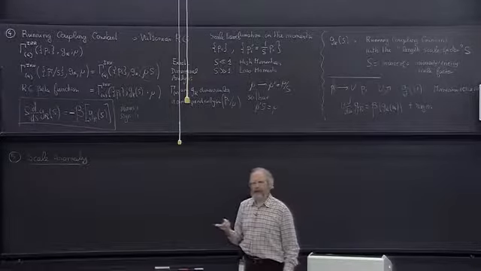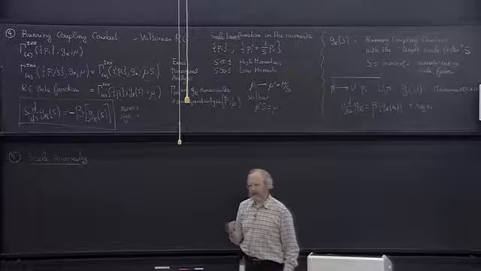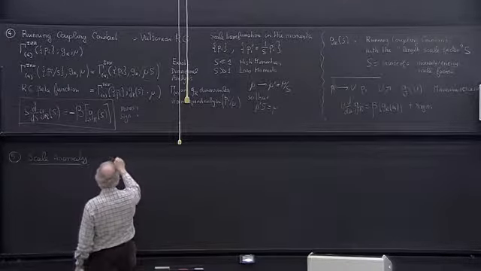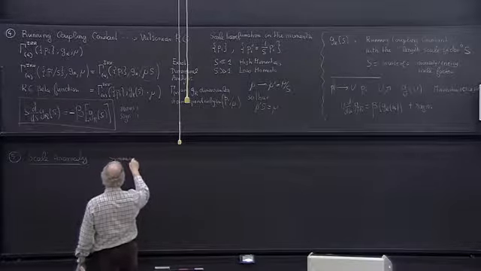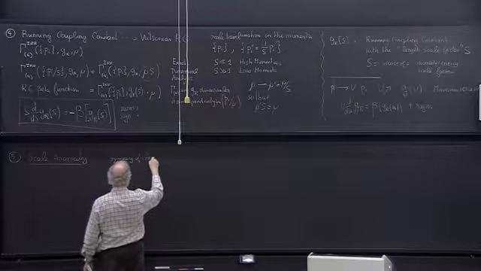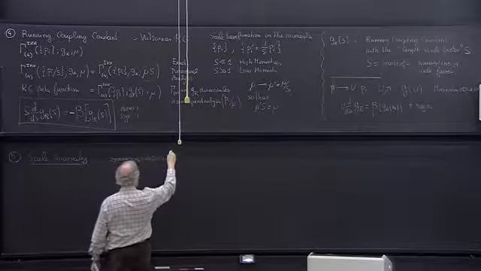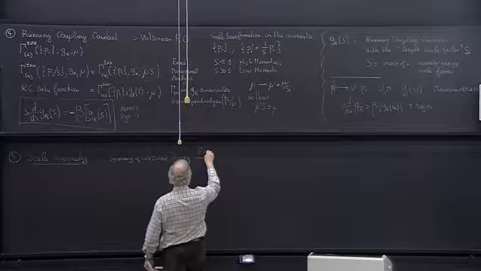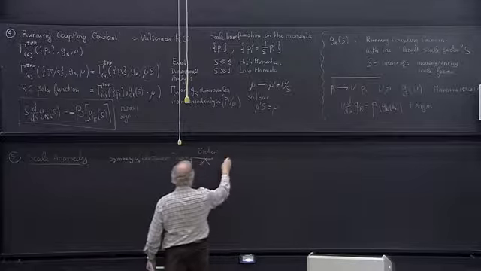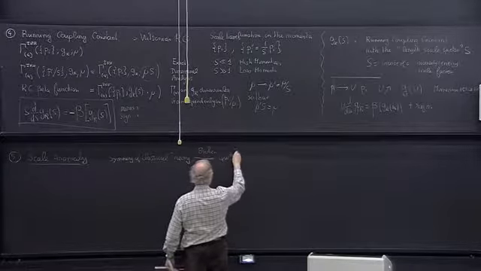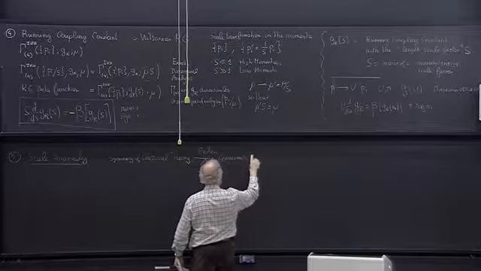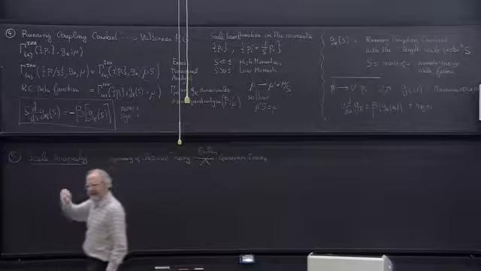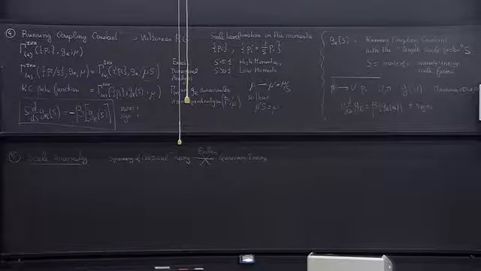And I don't know if you have already heard about anomalies in the lecture course. An anomaly is when you have a symmetry of a classical theory which is broken in the quantum theory, so that it cannot be satisfied by any quantization scheme.